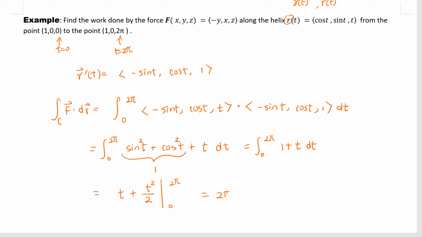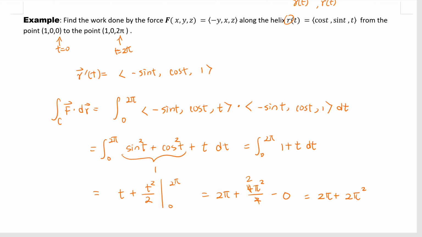We plug in 2 pi first. Well, then this is 4 pi squared over 2. Minus when we plug in 0 is all 0. So we get 2 pi plus 2 pi squared. Oops, let me see. Oh, it's plus, sorry. So far, so good, everybody.